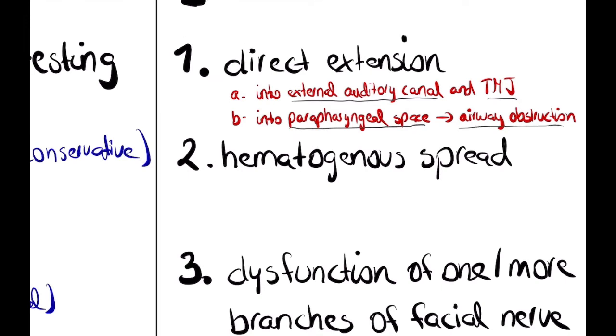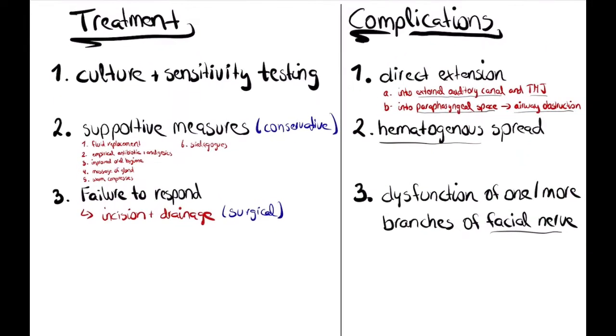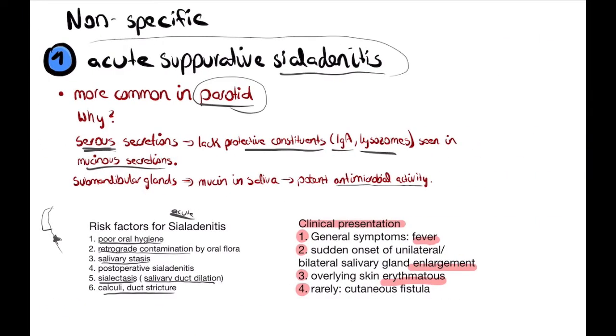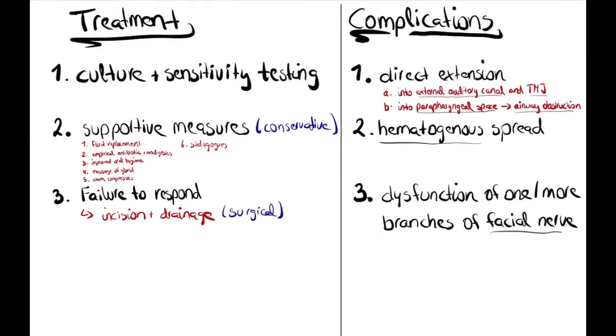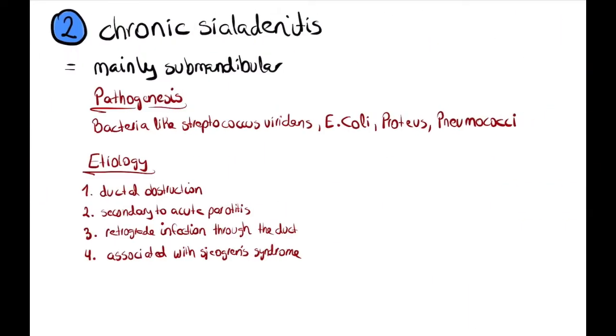It can lead to hematogenous spread. It can lead to dysfunction of one or more branches of the facial nerve. So it's quite complicated if you have an acute suppurative cellulitis, an inflamed parotid gland. Never forget that the facial nerve is inside the gland, which can lead to dysfunction of many branches.